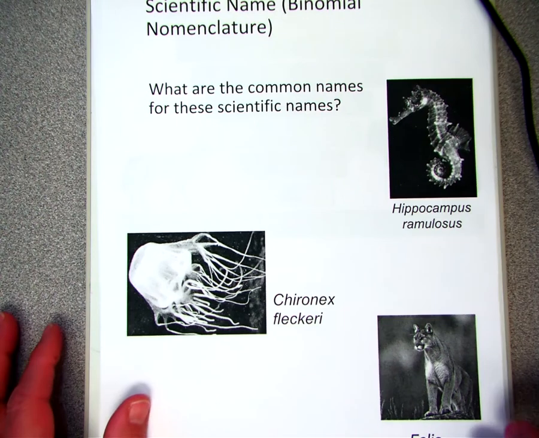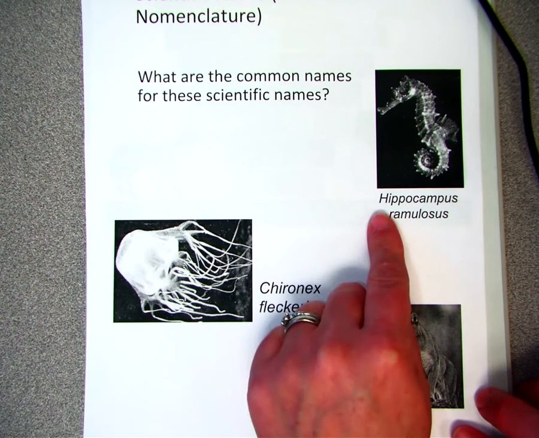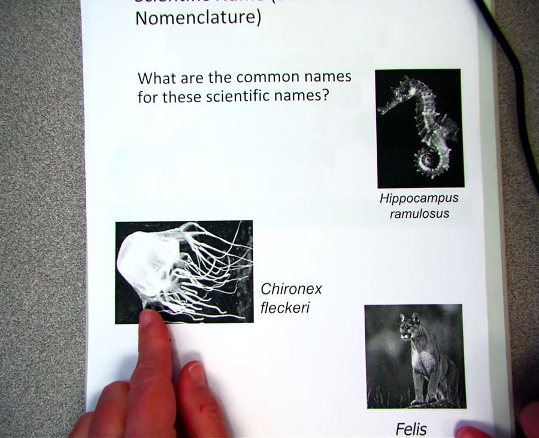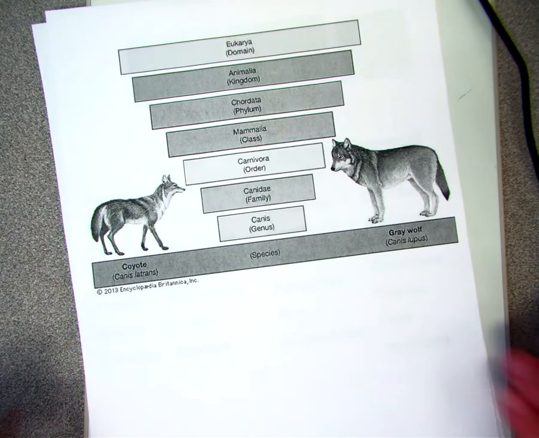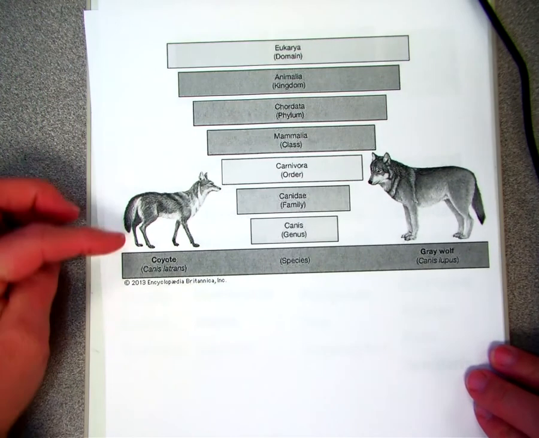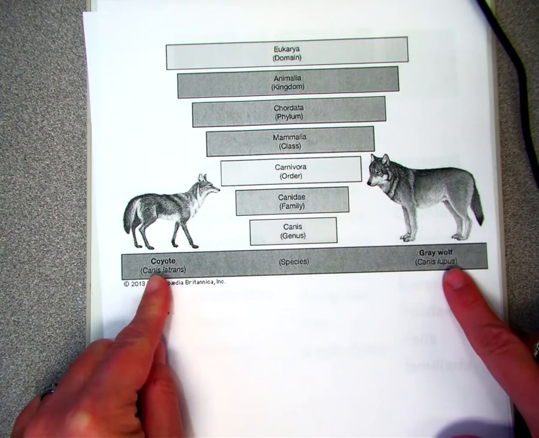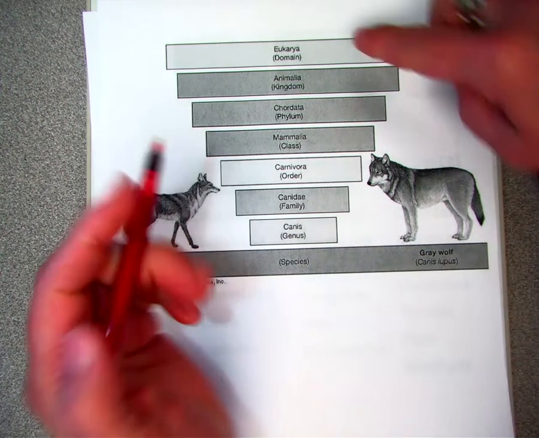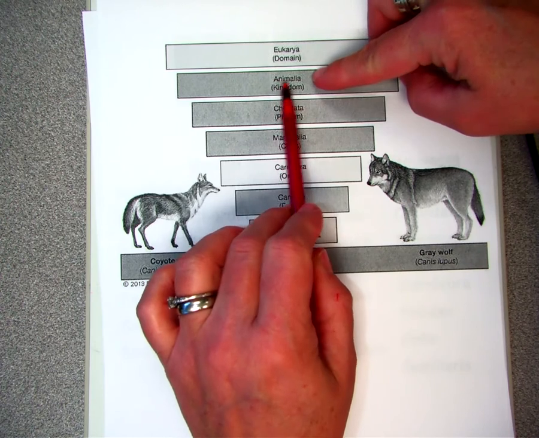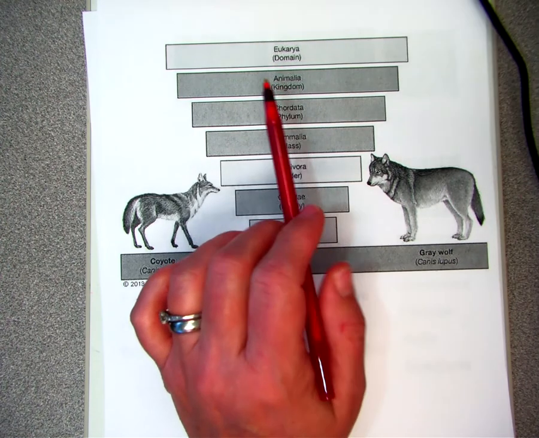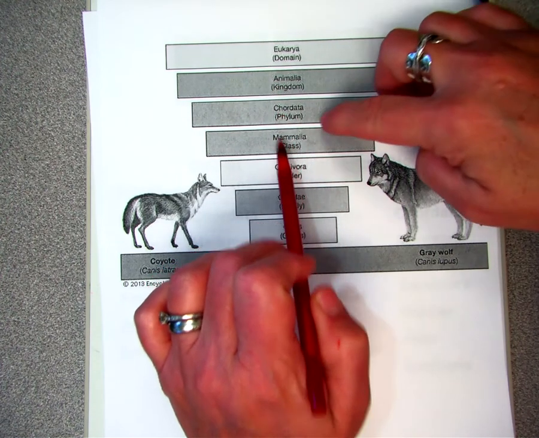Here's a couple other examples in the notes. This is showing the seahorse, jellyfish. You can see the cat. And here is a coyote versus a gray wolf. So there's the Eukarya, that's the domain. The kingdom is Animalia, and you're used to saying animals, but they use Latin.